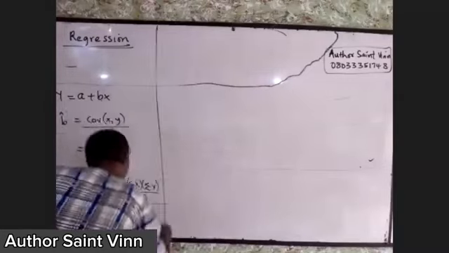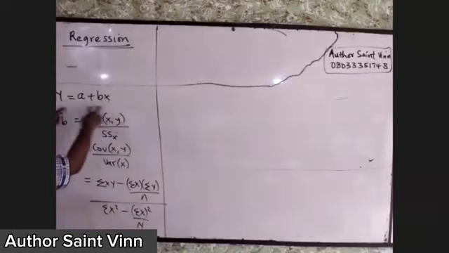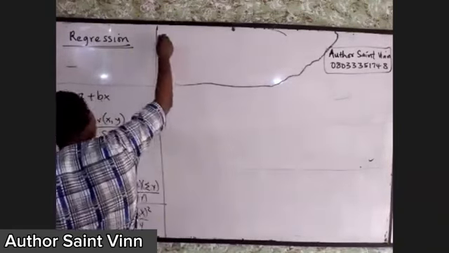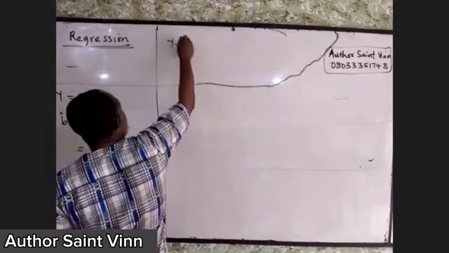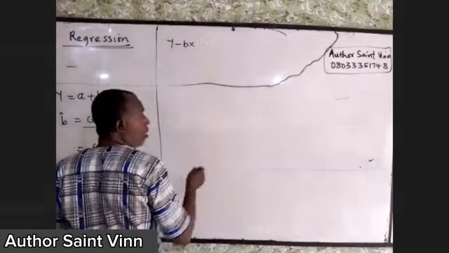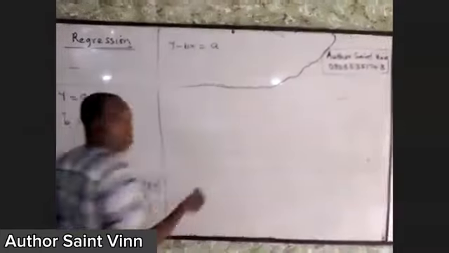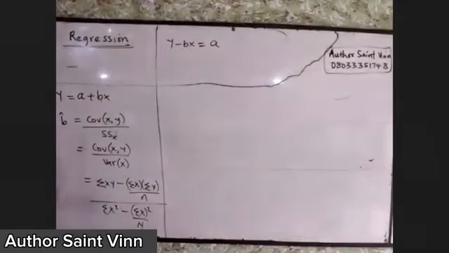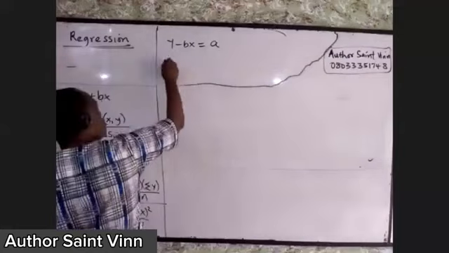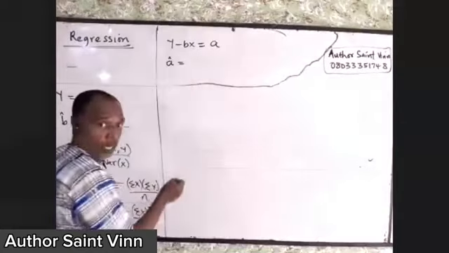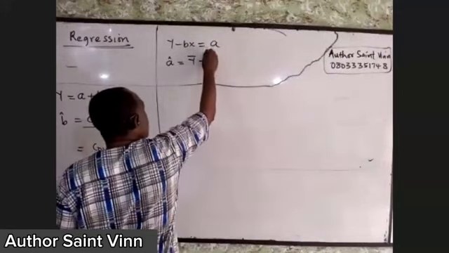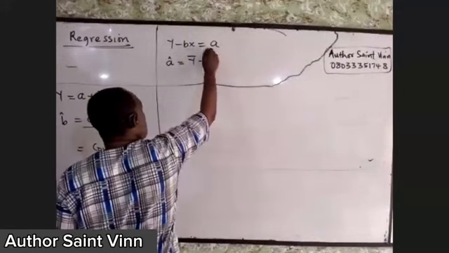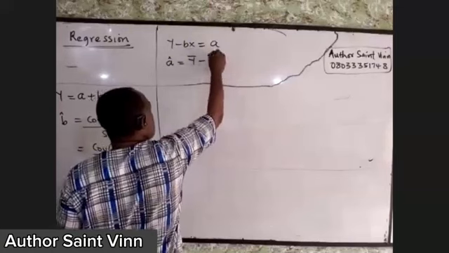So for you to find A, changing the subject of the formula, it will be Y minus BX. Now I want to estimate A: it will be Y bar minus B estimate, which we have already found, times X bar.